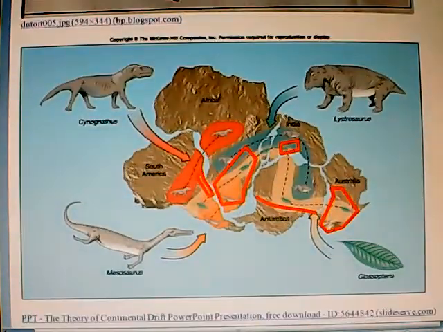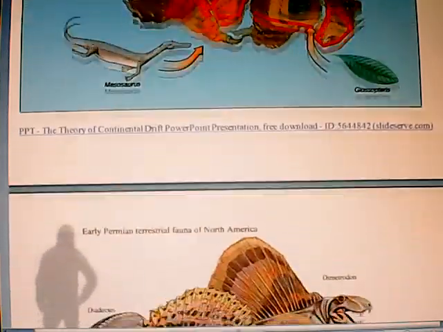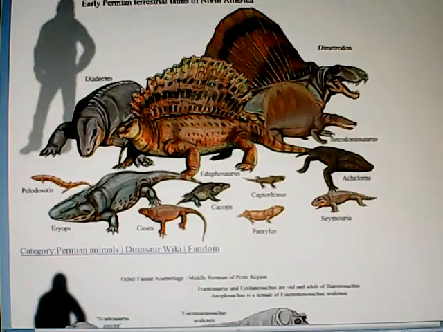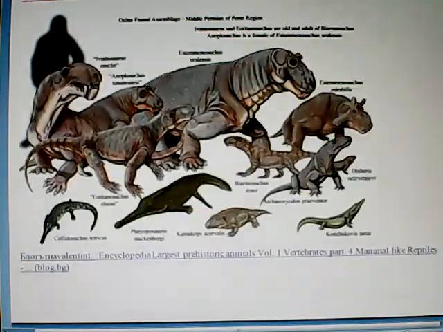We also have indication that the continents were together because of different fossils of the same types of animals all across this area before the continents broke apart. And during this time period, the animals were a little bit bigger, but certainly not the size of dinosaurs or even the larger animals that are alive today.